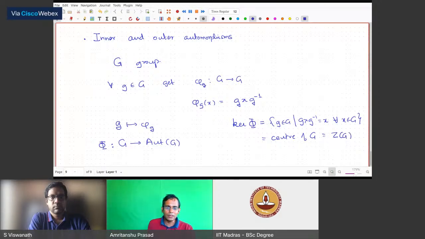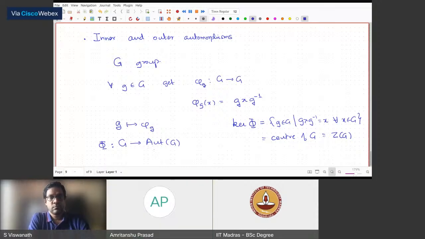So you have the center of G as the kernel, and this is not surjective either. Not every automorphism is necessarily an inner automorphism. For example, if you have an abelian group, then it is equal to its center.